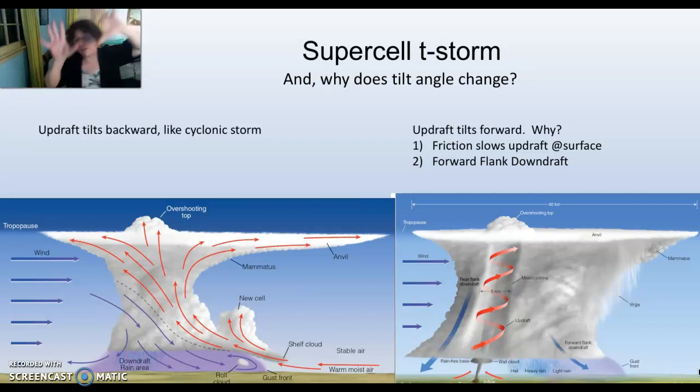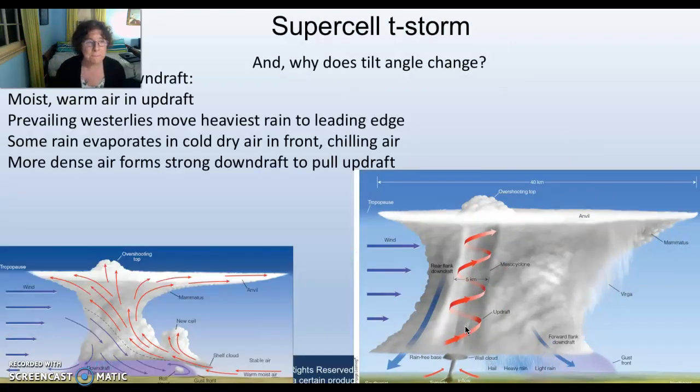And as that forward flank downdraft, it can pull down on the top of the rotating shaft and tilt it over as well. So you've got the surface dragging it, and you've got the forward flank pulling it. And that's how you can definitely change the entire dimension of a supercell thunderstorm and produce tornadoes out of it.